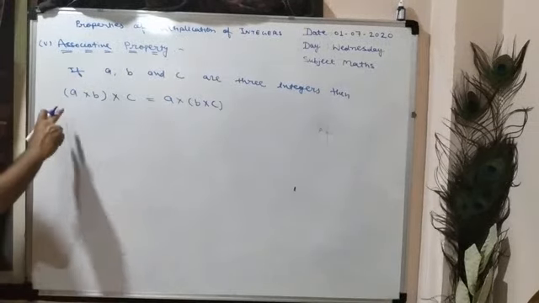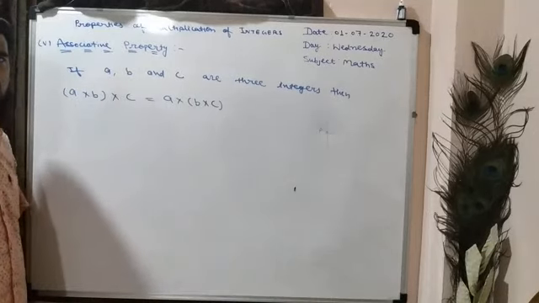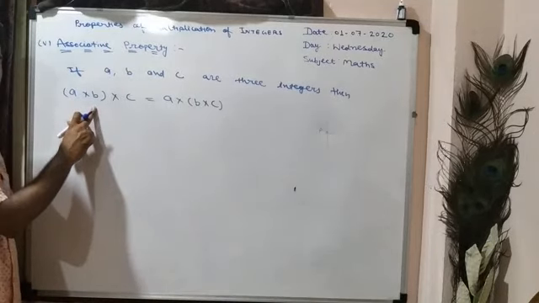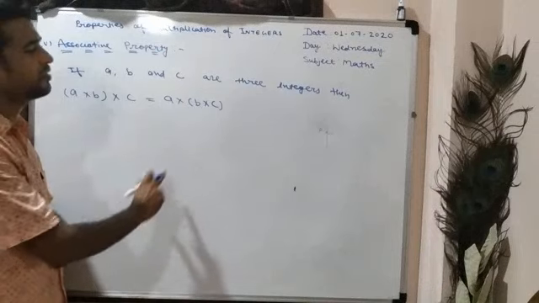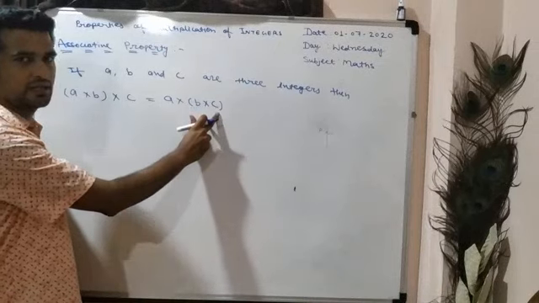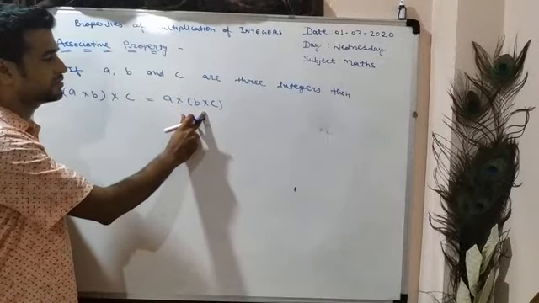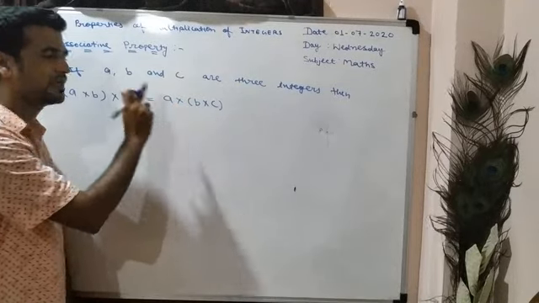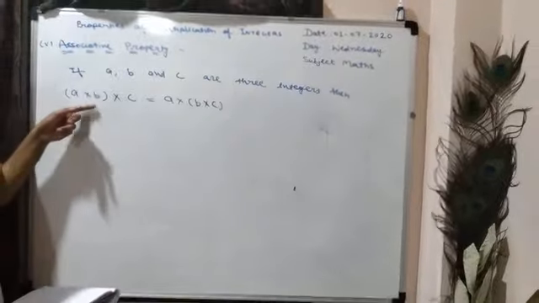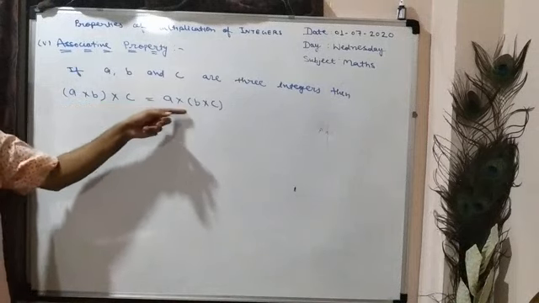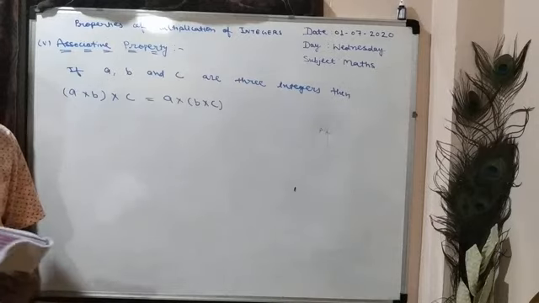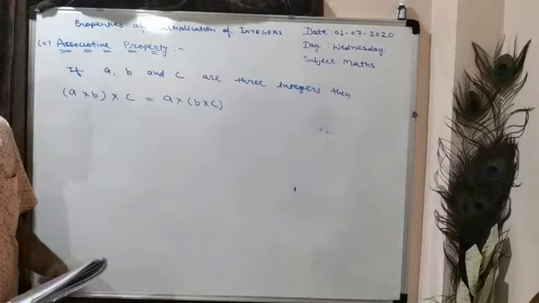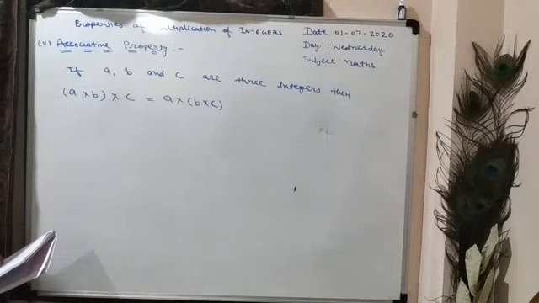In general, if we have three integers a, b and c, then a into b, when multiplied with c, is equal to b into c multiplied with a. So a into b into c is equal to a into in bracket b into c. With the help of one example, we will check the associative property for integers.